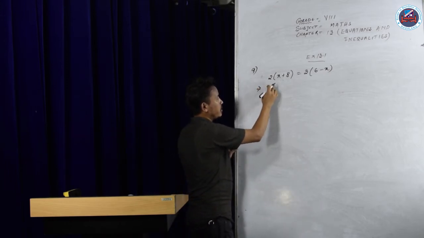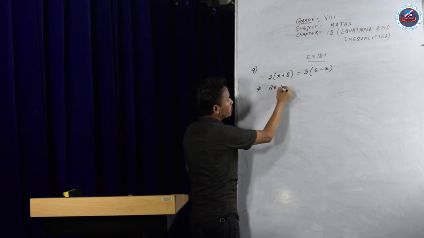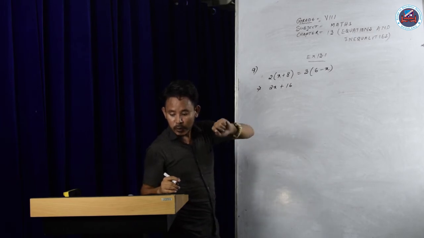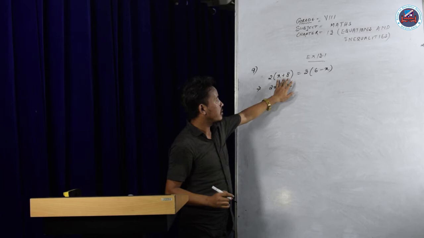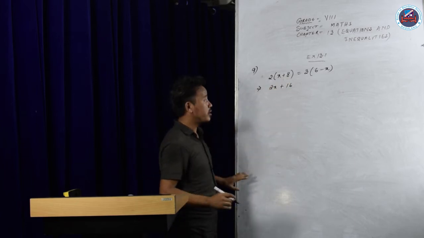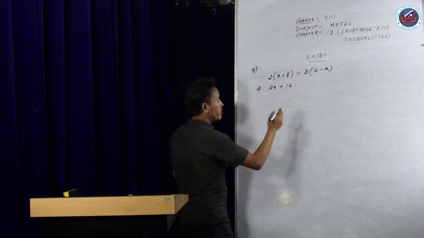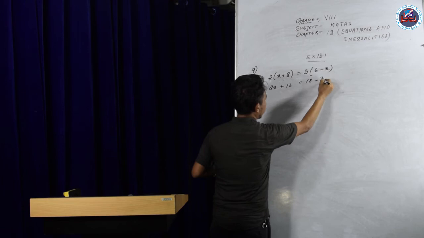So we'll try to correct it. When you remove the bracket, 2 into x gives us 2x, plus 2 into 8 gives us 16. Here, you could see that he did not multiply it, so it remained the same. So there is where the first mistake takes place, right? So here we get 18 minus 3 into x gives us 3x.